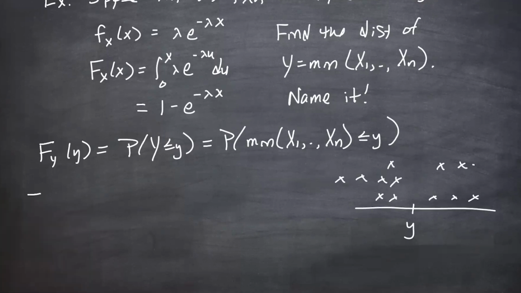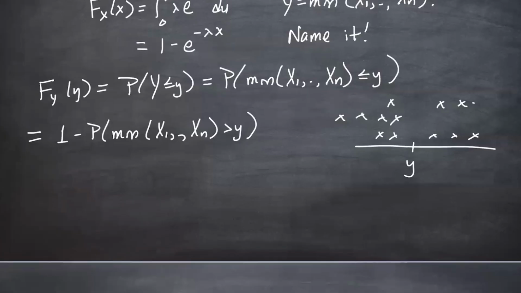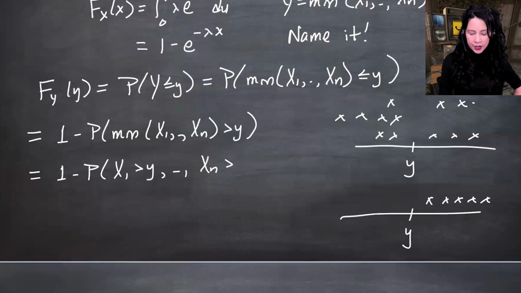So this is a case where we turn this around and write this as 1 minus the probability that the minimum of x1 through xn is greater than y. And then again with the number line, how do the individual x's have to fall so that the minimum is greater than y? They all have to be greater than y. So this is 1 minus the probability that x1 is greater than y out through xn is greater than y.